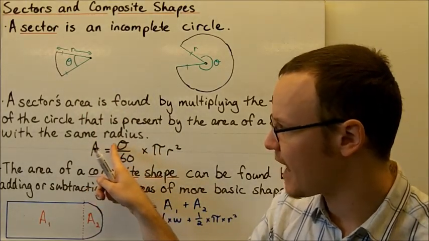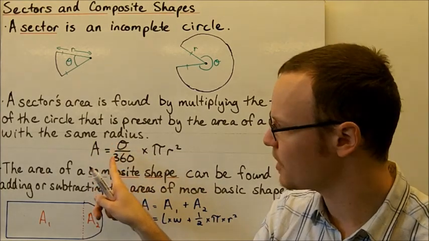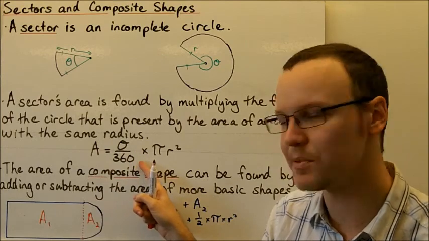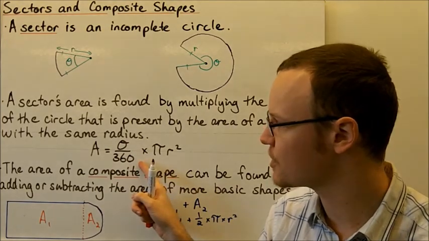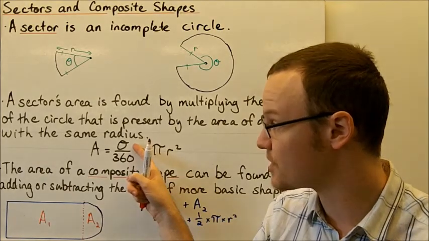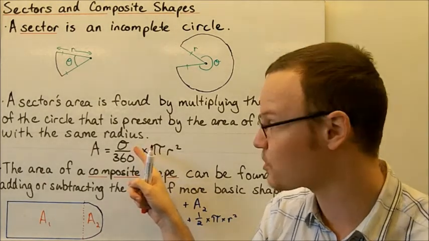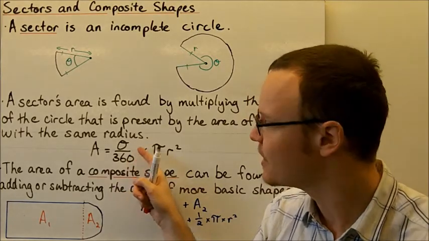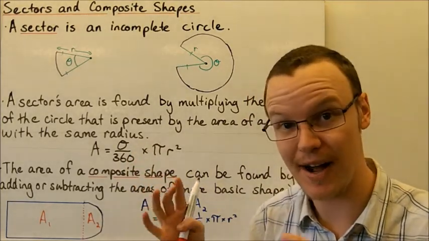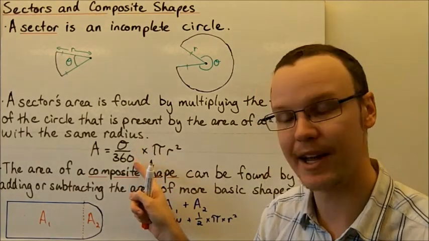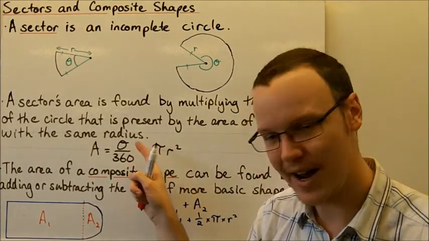So here is the formula we've got. Area equals the angle, theta, divided by 360. This is the fraction of the circle that we've got. This fraction shows just how much of the circle we have left. So if it was 90 degrees, a quadrant, it would be 90 out of 360, which is just 1/4. If it was a semicircle, half a circle, then it would be 180 degrees out of 360, and that would make 1/2.